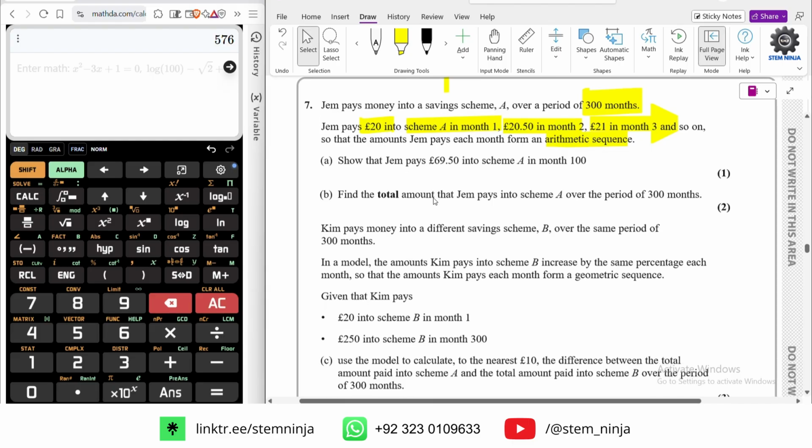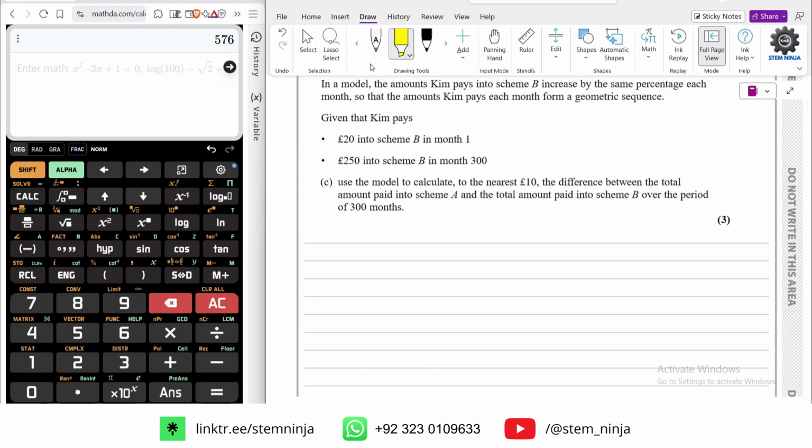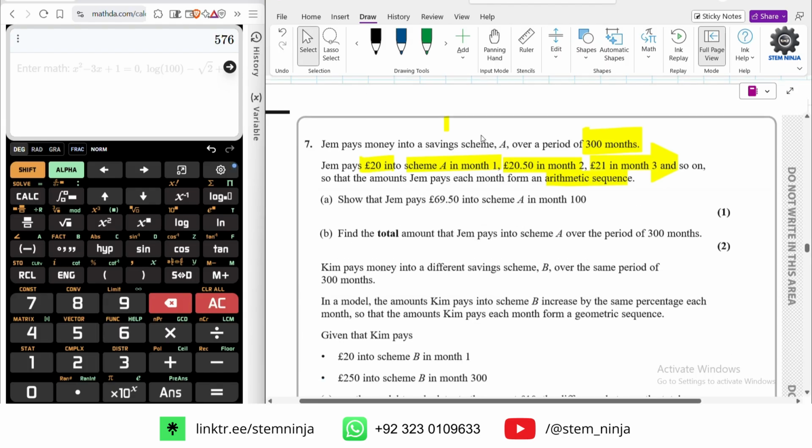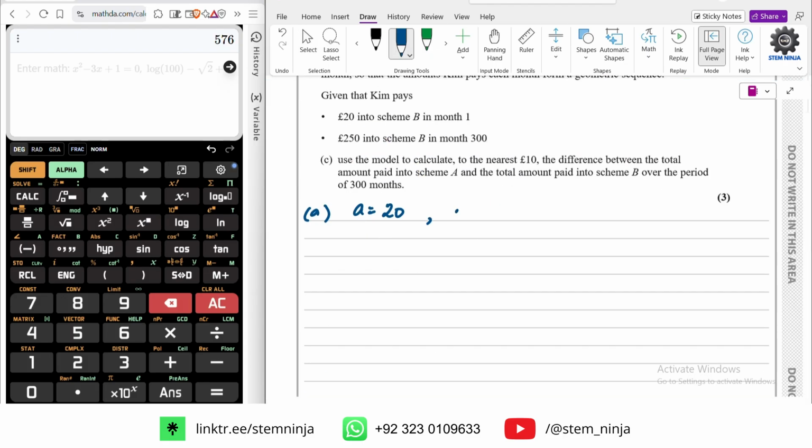Okay. Right. So this is an arithmetic progression. So A is 20 and D is 0.5. So Un is going to be A plus D times N minus 1.